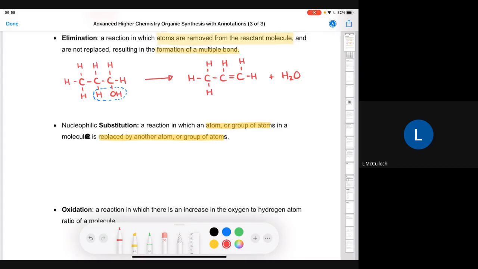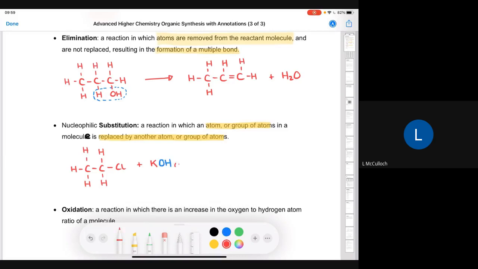So I'm going to look at this molecule here. I've got chloroethane, and I am going to react that with potassium hydroxide solution.